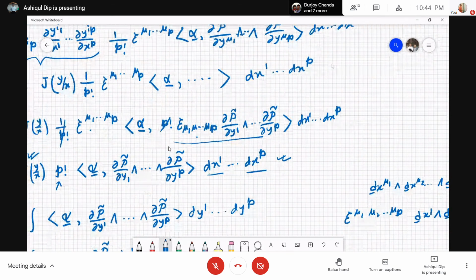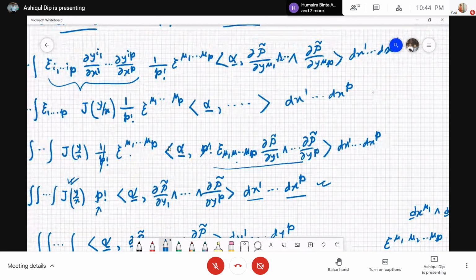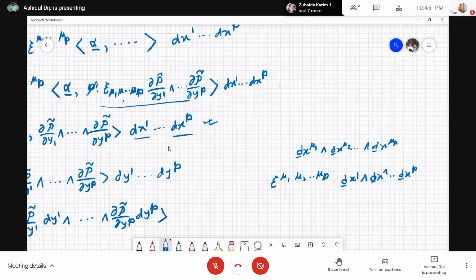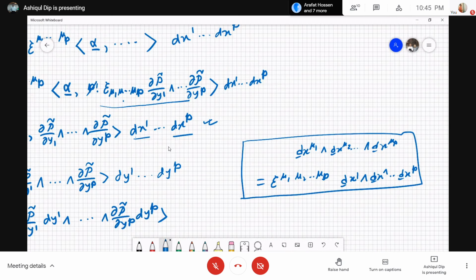Hello? Because when I try to use that anywhere else, it seems it'll give me an extra p factorial. So please look into the result. Which one is correct? Is this result correct, or should there be a p factorial somewhere? I think so, because there is no summation here.